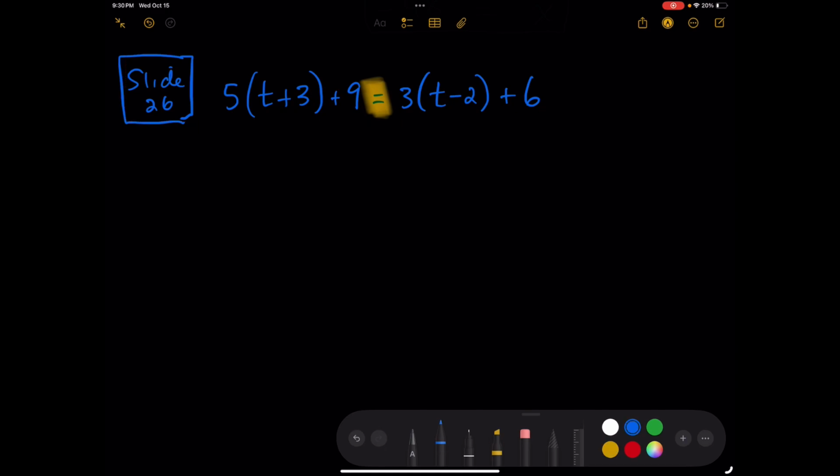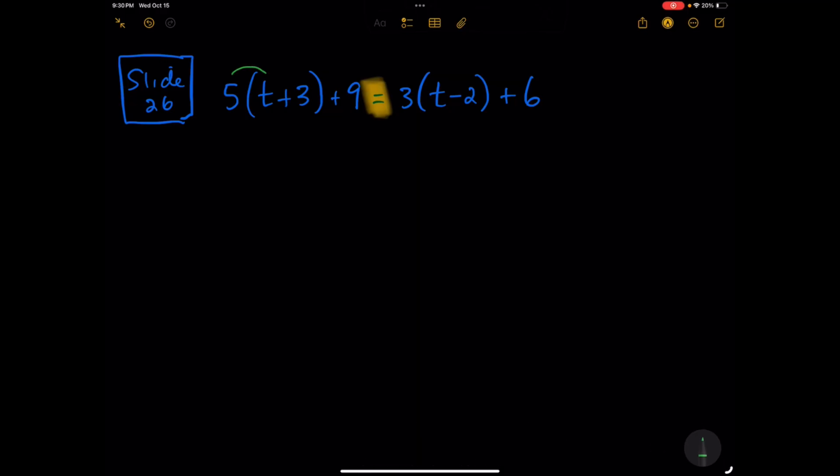Okay. All right, so first we're going to have a look. We've got 5 and we've got t plus 3. So our distributive property says that we're going to multiply that out. 5t plus 15 plus 9 equals 3t minus 6 and then plus 6.